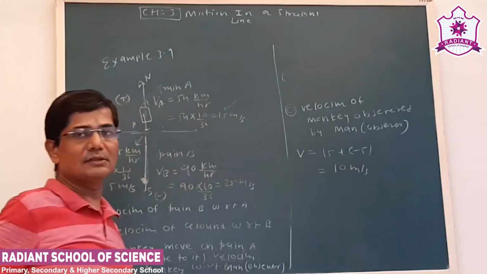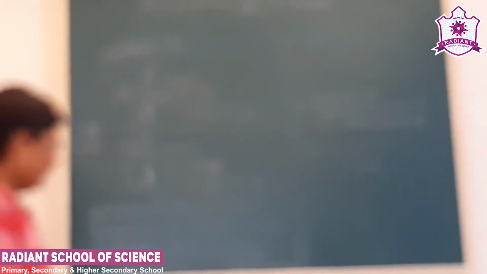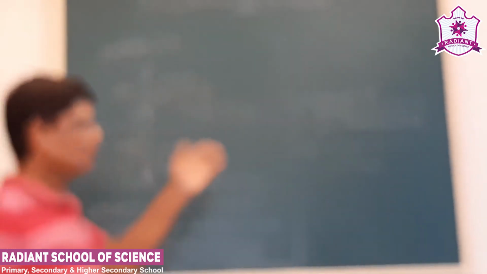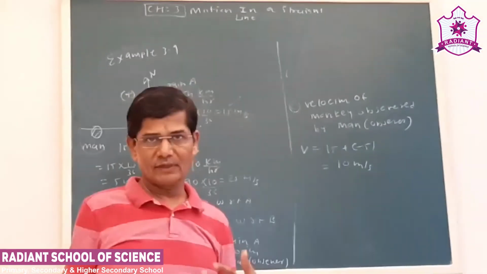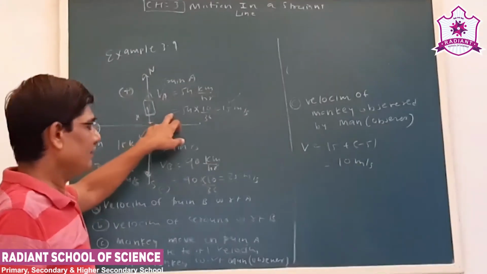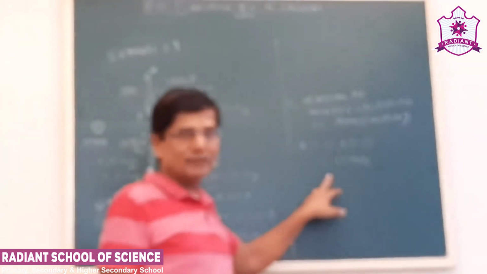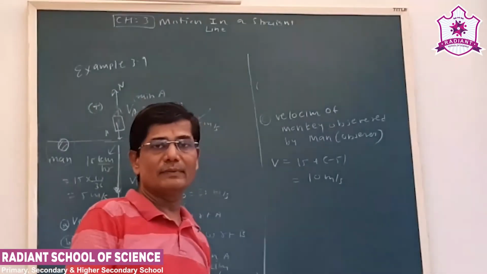Okay, now this is how. Why? Because the man on the earth is a stationary reference frame. So according to him, there will be a sum of the velocities 15 meter per second and 5 meter per second, but we see they are in the opposite direction, so that will be 10 meter per second.